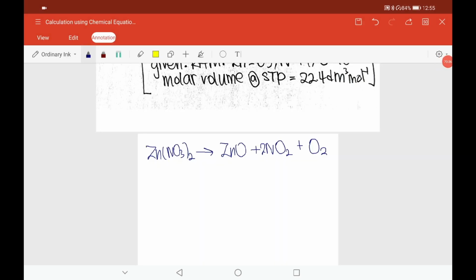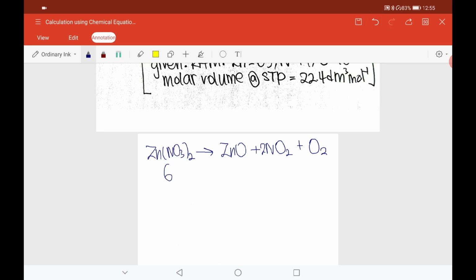After we write the equation, we need to balance it. We have one zinc on the left, one zinc on the right. We have 2 nitrogen on the left, 2 nitrogen on the right. For oxygen on the left, 3 times 2, so we have a total of 6 oxygen on the left.